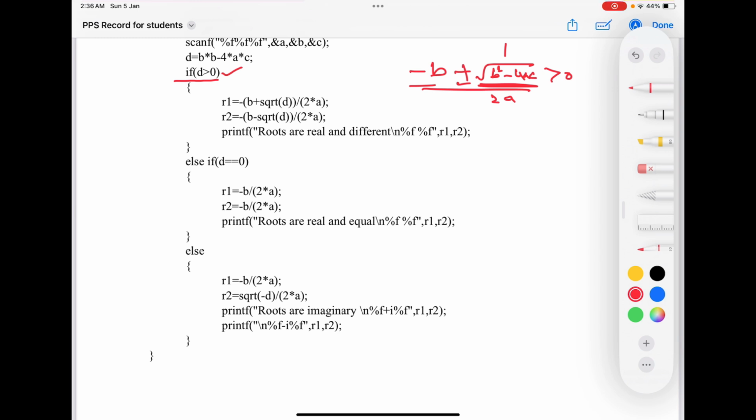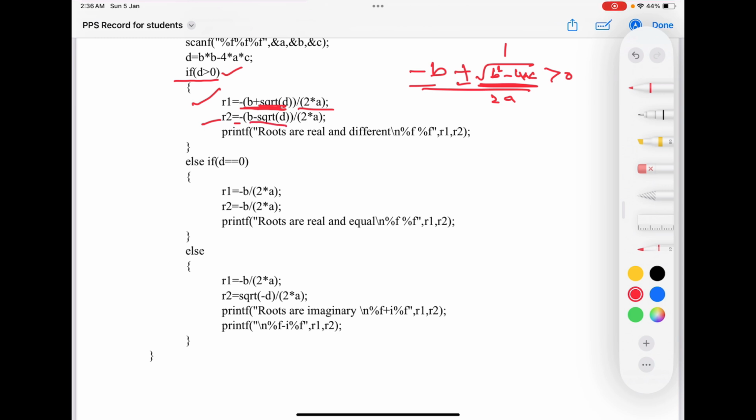This is what we wrote. Root 1 is equal to minus b plus square root of d, calculated in parentheses, by 2 into a. The other root r2 is minus b minus square root of d, by 2a.